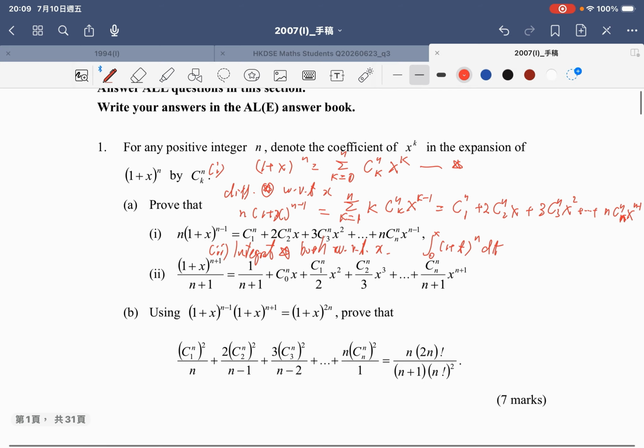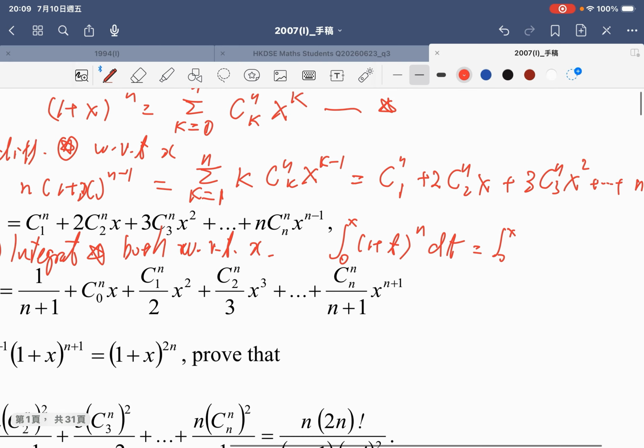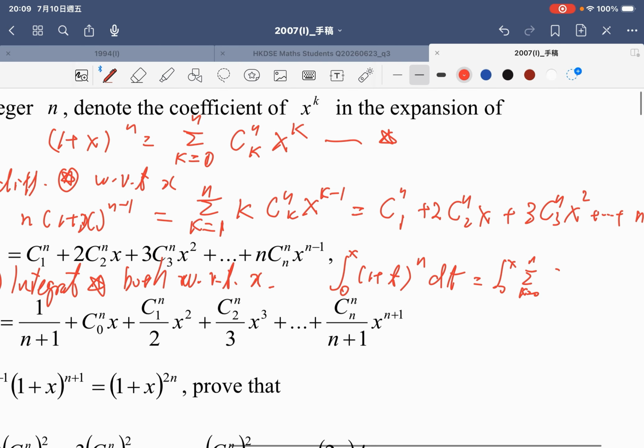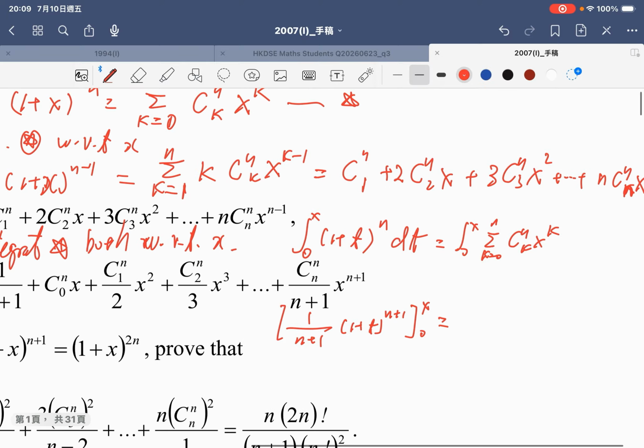Of course, on the other hand side, the right hand side, we do the same thing: summation k from 0 to n, nCk t^k. For the left hand side, we have 1 over n plus 1 times (1 + t)^(n+1), and substitute 0 and x into the terms.